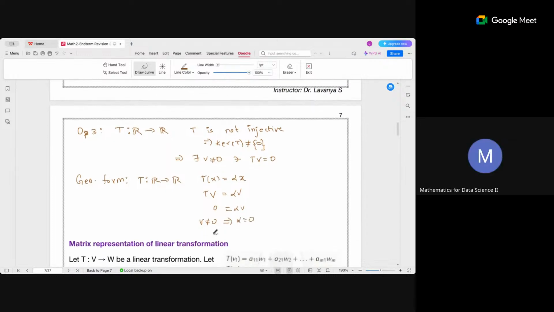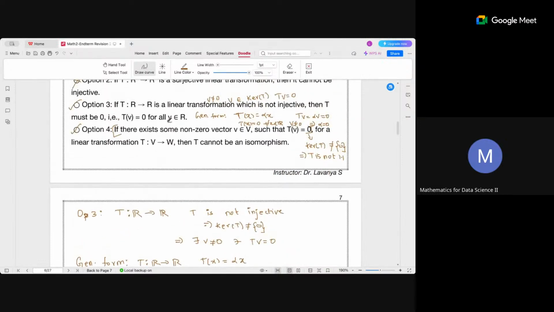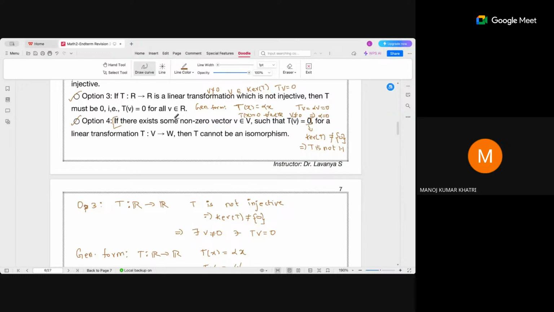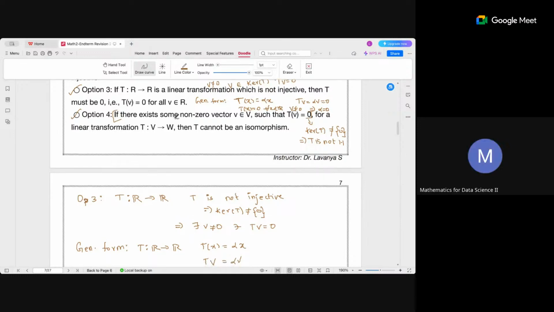So you have T of X equal to 0 for all X in R. So this statement is correct: T must be 0. Clear?